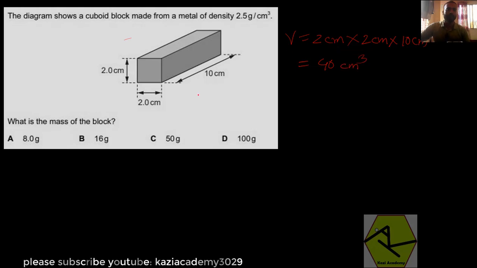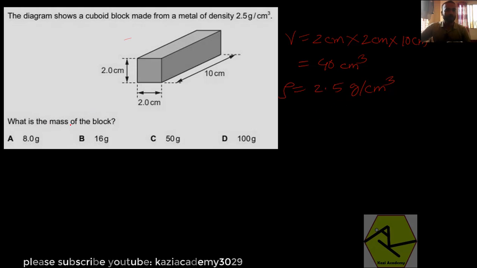So we get volume. Density rho is also given in gram per cubic centimeter, so volume and density are in the same units, and we don't need further conversion.